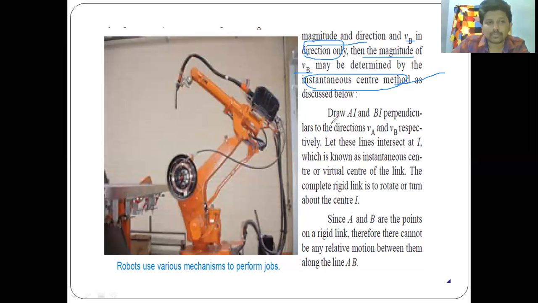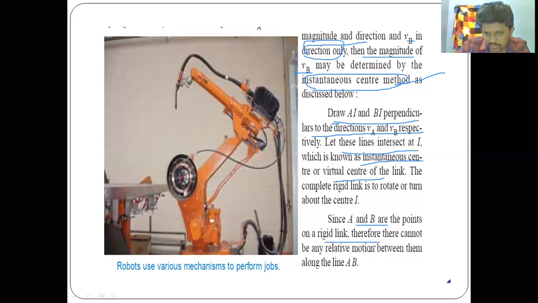We are drawing the diagram I showed you. We draw AI and BI perpendicular to the directions of VA and VB respectively. These lines intersect at a point I, which we defined as the instantaneous center or virtual center of the link. Since A and B are points on a rigid link, they cannot have relative motion between them.